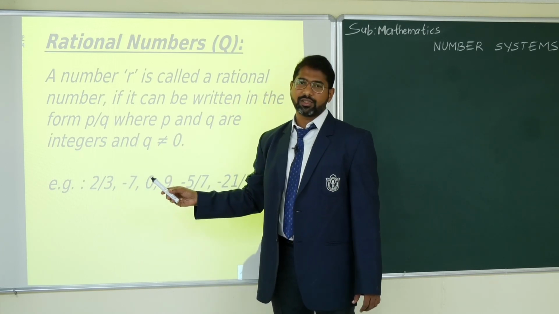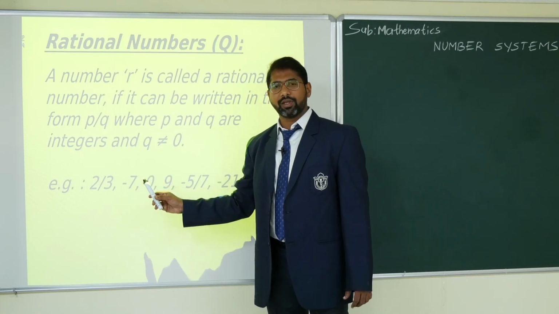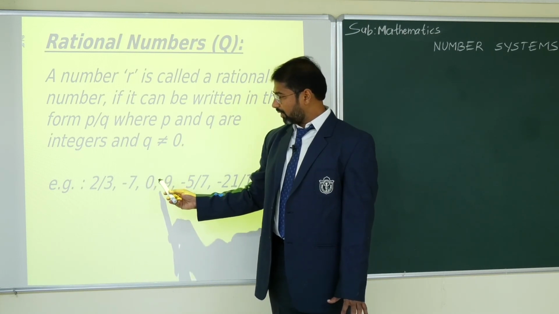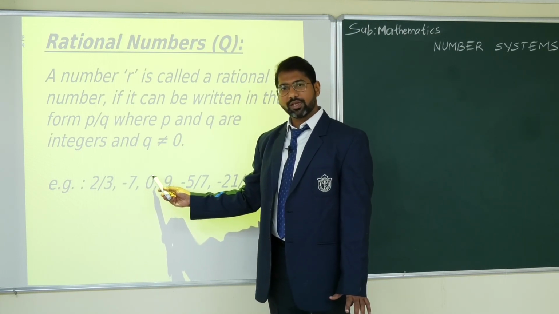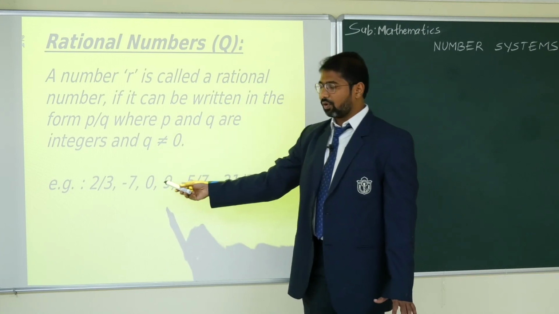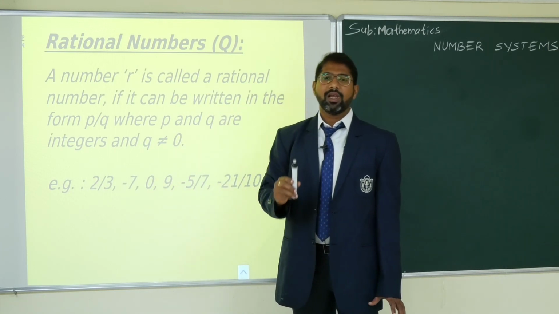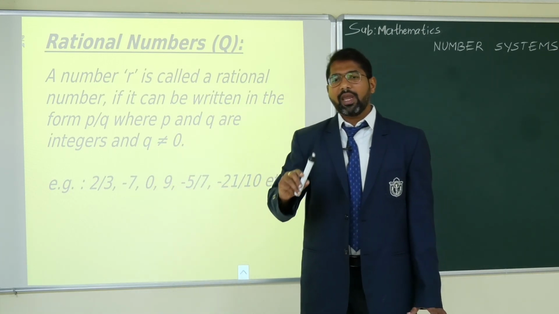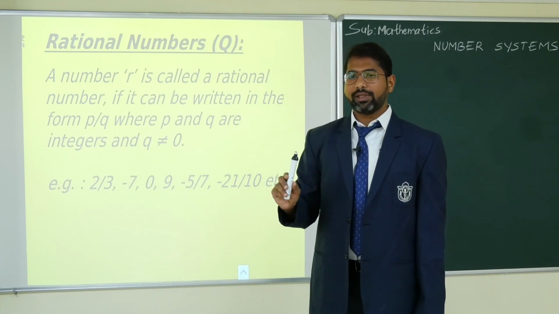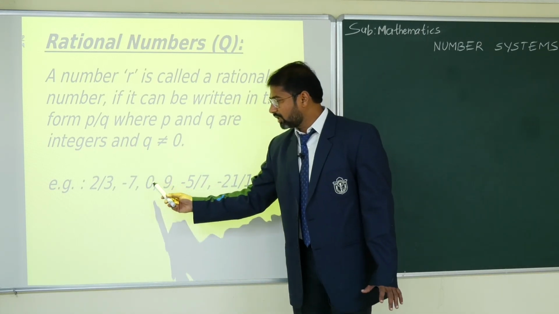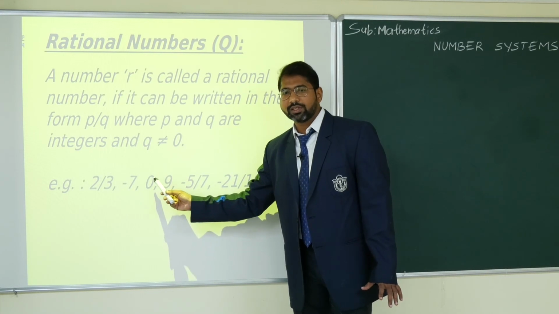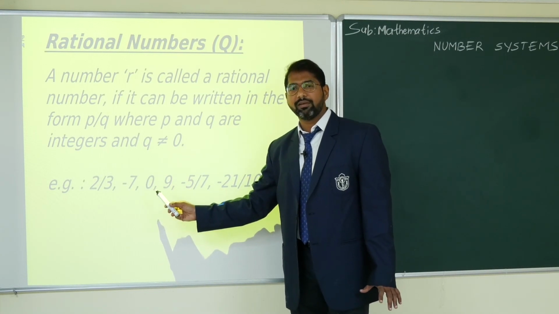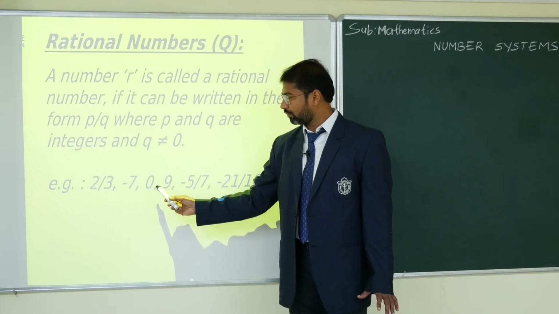Both are integers. Q, which is 1, is not equal to 0. Similarly, 0 is also a rational number because I can write 0 as 0 by any non-zero integer. I can write 0 as 0 by 1, 0 by 2, 0 by -99 without changing its value.